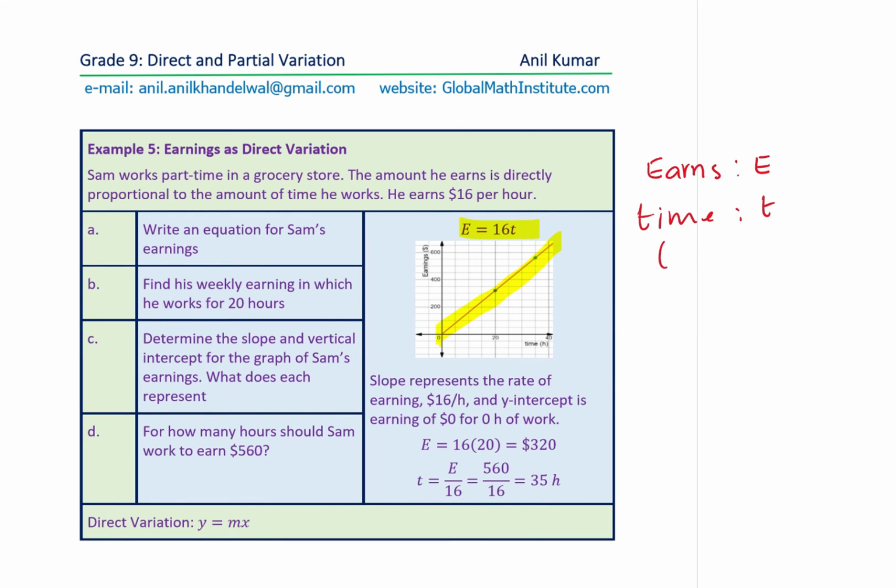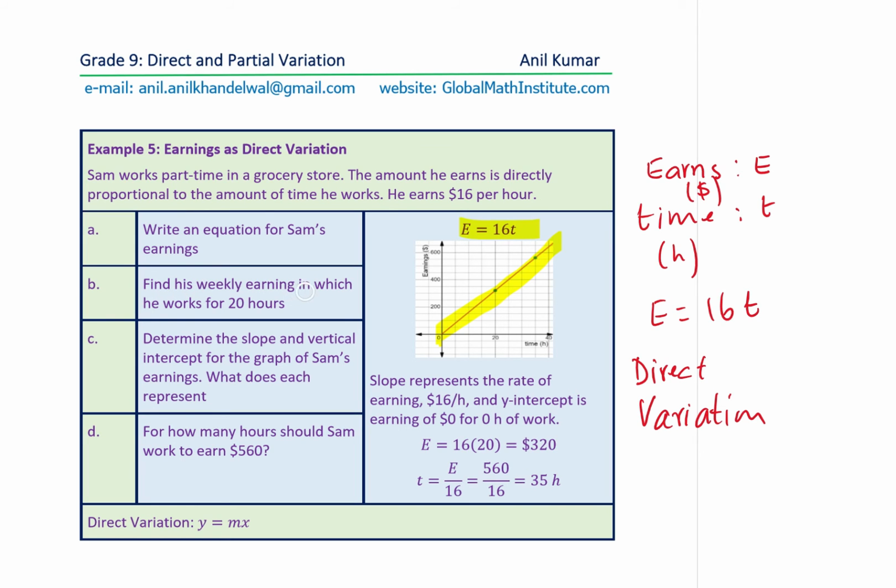The units for time is hours, units for earning is dollars. And based on that, we say earnings is 16 times the time worked, and that gives you a direct variation. Correct? Okay, so the equation for Sam's earning is E equals 16t.